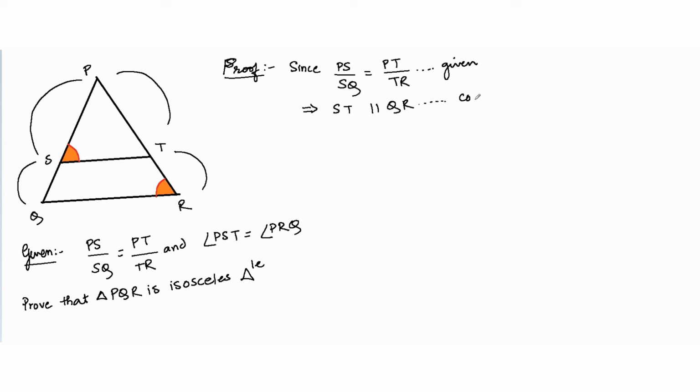This is by the converse of basic proportionality theorem, right? And that means these two lines are therefore parallel. Now because these two lines are parallel, I can say that angle PQR is therefore equal to angle PST by the corresponding angle test. So this means that angle PQR is equal to angle PST because the corresponding angles are equal.